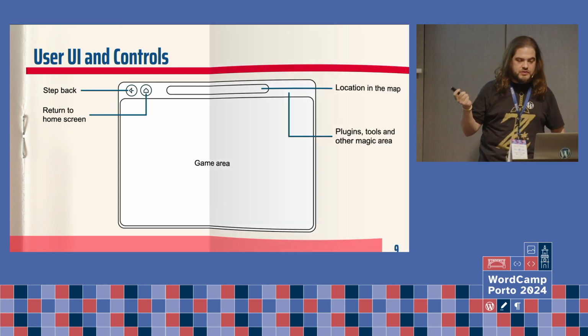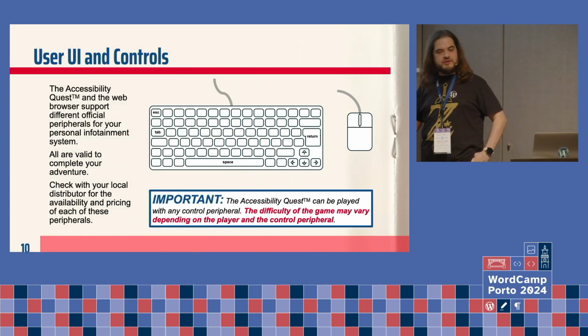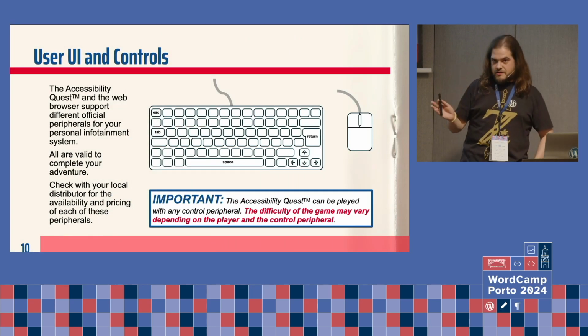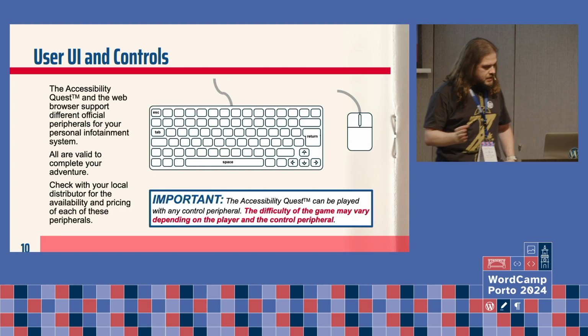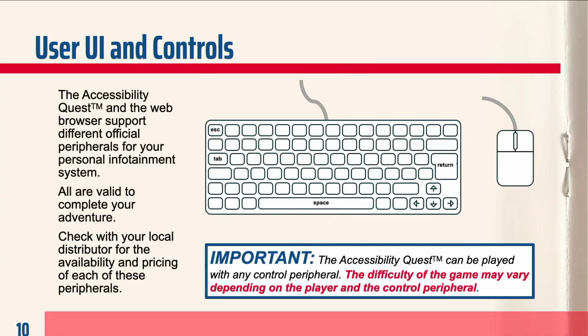And about the controls, the Accessibility Quest supports many different peripherals for your infotainment system. All the peripherals are valid to complete your adventure, and despite the fact that it's designed to be played using the keyboard and a computer mouse, the difficulty of the game may vary depending on the person who is playing and the peripherals.